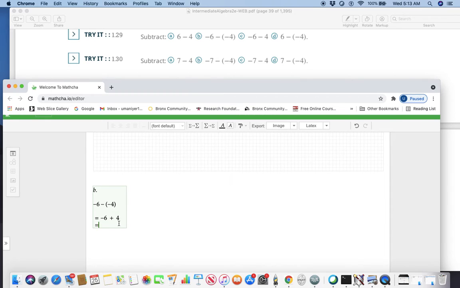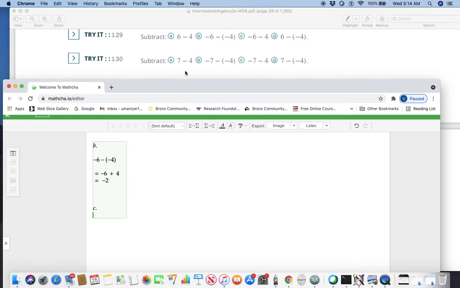Well, there are 4 positives, so 4 of the negatives will get cancelled. I'm left with 2 negatives. Okay? Another way of thinking, if you are combining a negative and a positive, you carry the sign of the bigger magnitude, find the difference. All right?